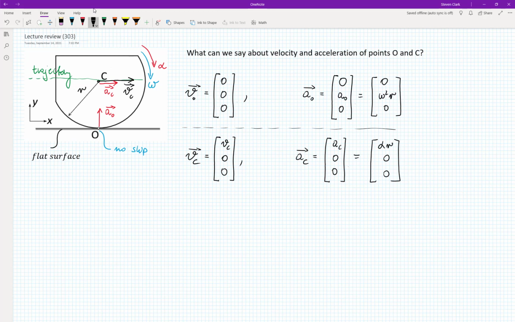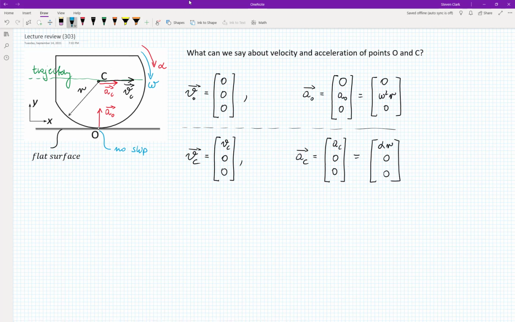Okay, guys, so these four vectors are the velocities and accelerations of these two points, C and O, where O is the contact point between the ground and C is the geometric center of that half circle.